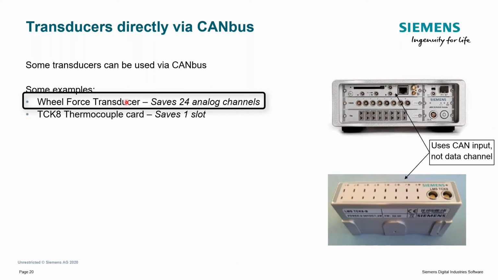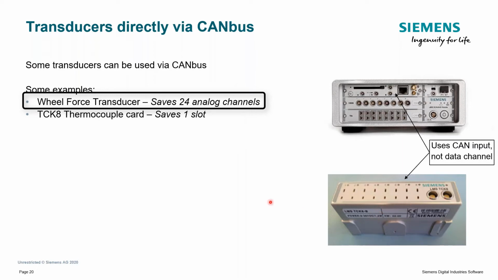A lot of them have a CAN output now, and then you can plug in, really, with the data rates, because CAN is a bit limited compared to something like a SCADAS and a full analog signal. You have 2 CAN inputs. You can take 12 channels on each and simplify a wheel force transducer down to 2 wires through CAN.